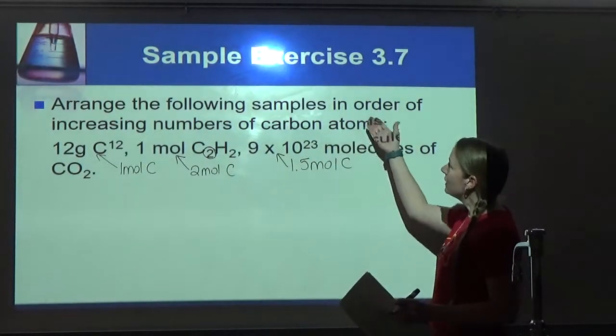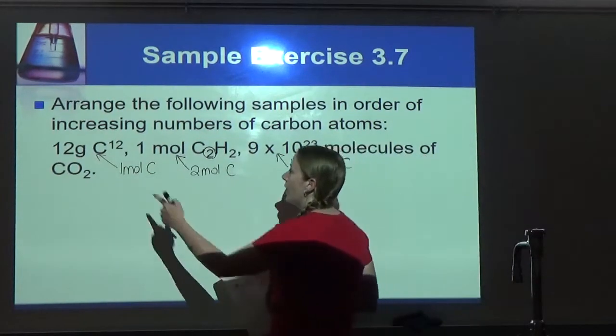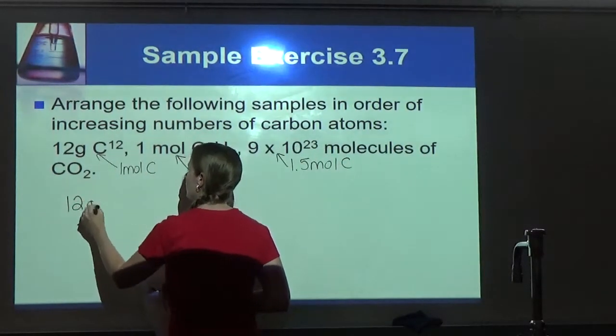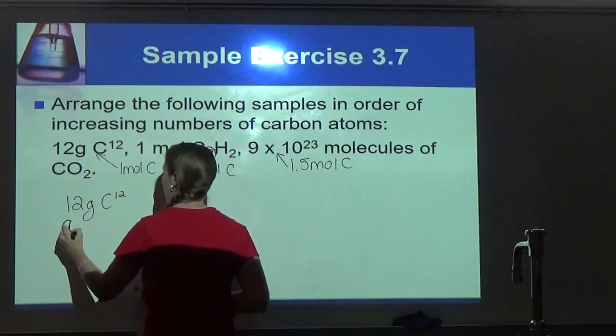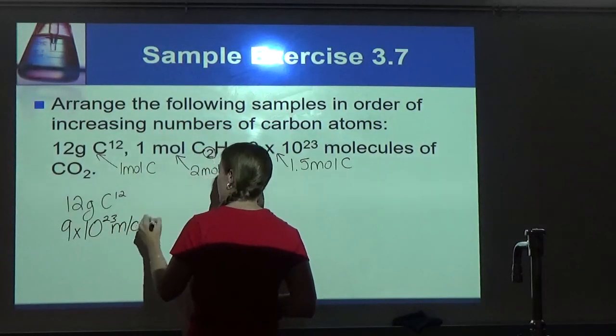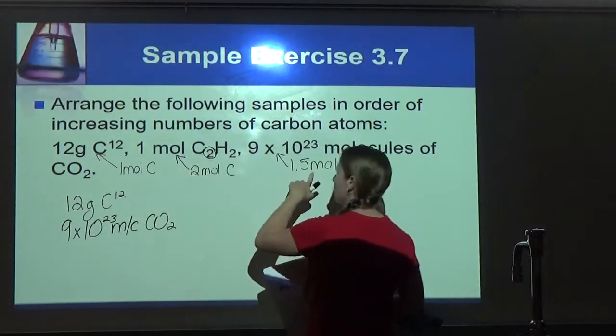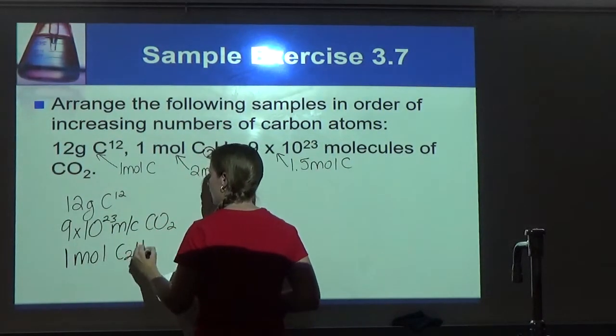So to arrange them in order of increasing carbon atoms, I would start with my 12 grams of carbon-12, my lowest, 1 mole. Then 9 times 10 to the 23 molecules of CO2, because that's 1.5 moles. And last, I would end with my 1 mole of C2H2.